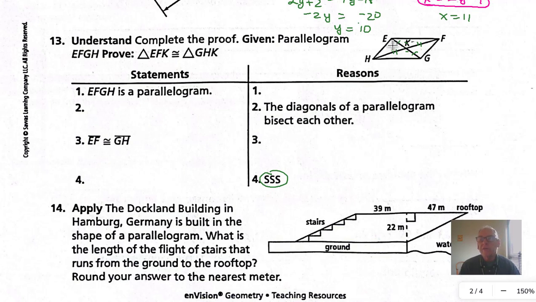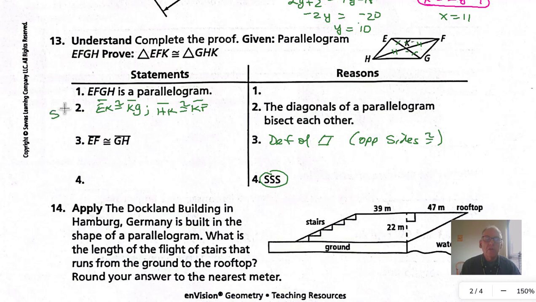So we can see that we do have a side, side, side pattern we can use. So EF congruent to GH, that's the definition of a parallelogram. Opposite sides congruent. And diagonals bisect each other, so that gives us EK congruent to KG, and also HK congruent to KF.